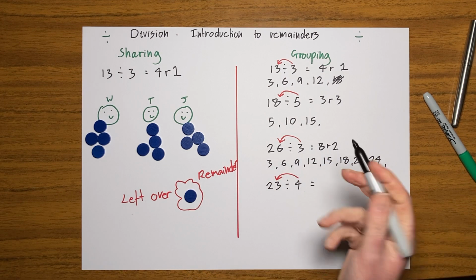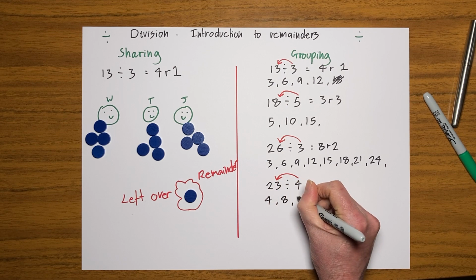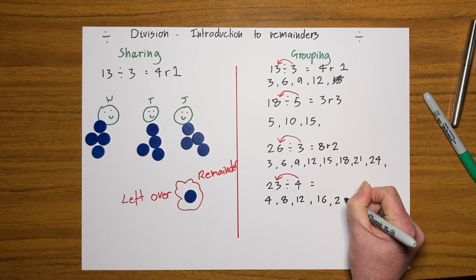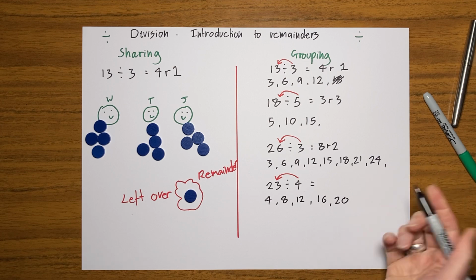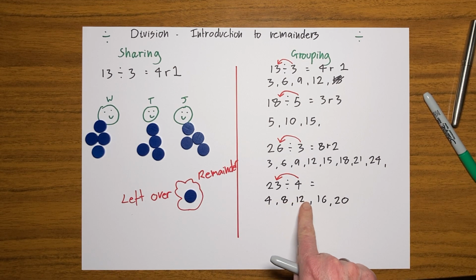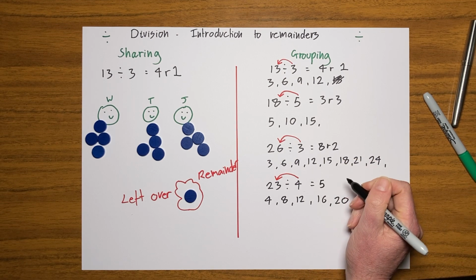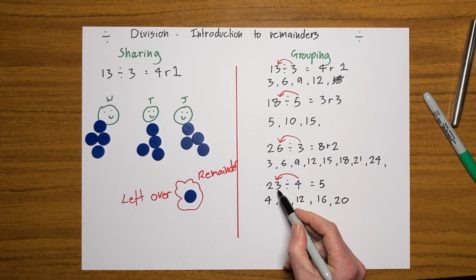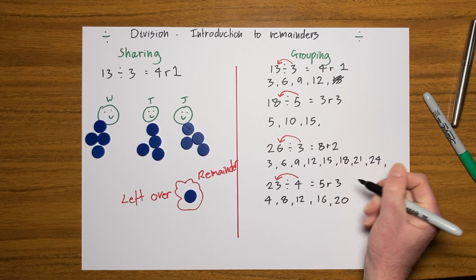And let's count up. 4, 8, 12, 16, 20. The next one is 24, which is going to be too many because I've only got 23. So I have got 1, 2, 3, 4, 5 groups of 4, which get me to 20. I need another 3 to get to 23, so that must be remainder 3.